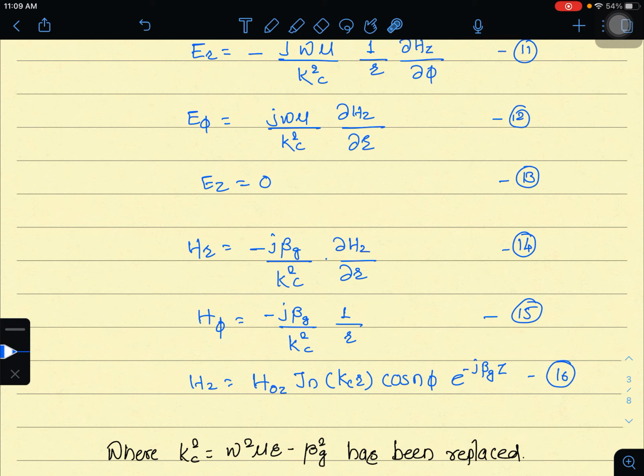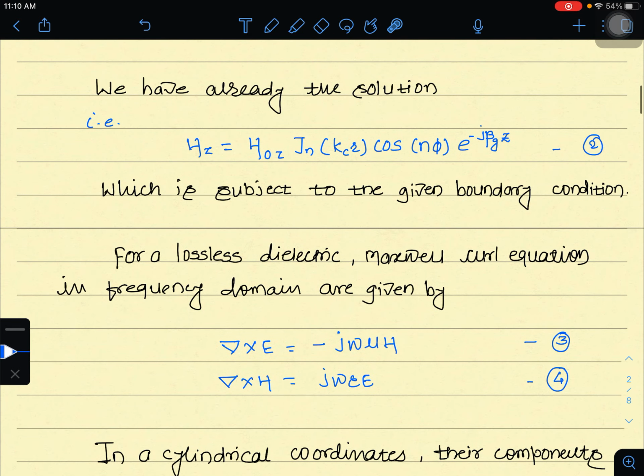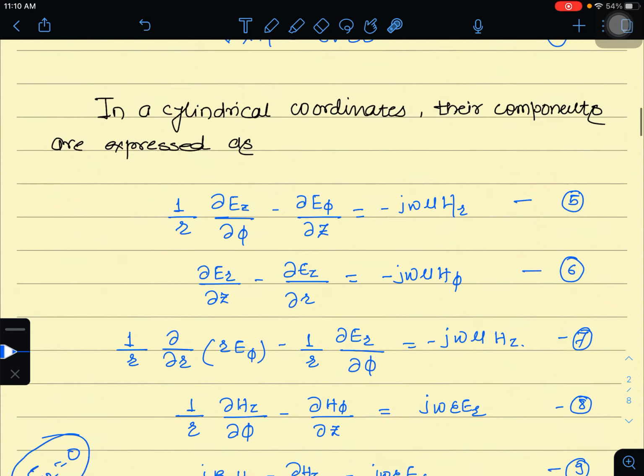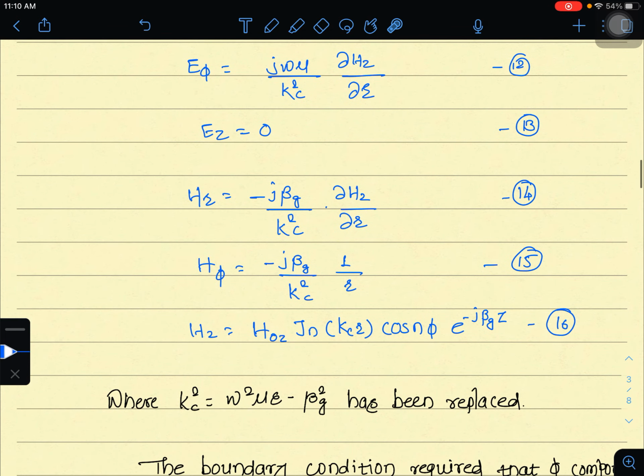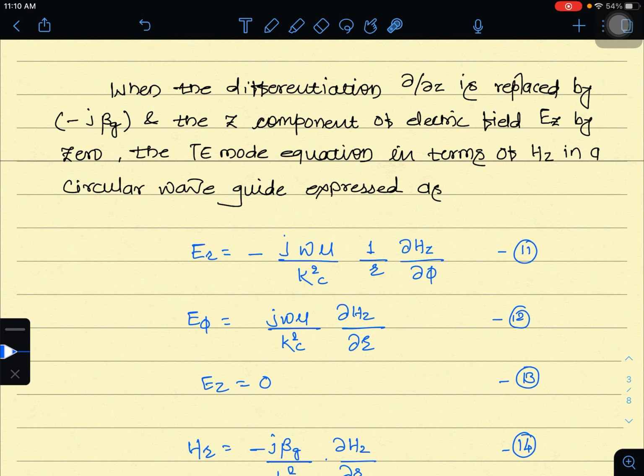Hr is equal to minus jβg divided by k²c into ∂Hz/∂r, and Hφ is equal to minus jβg by k²c into 1 by r, and this equation we already took from equation number 2. So these 6 equations are very important regarding the magnetic field.